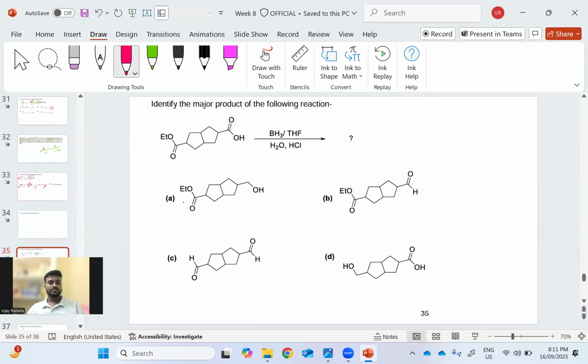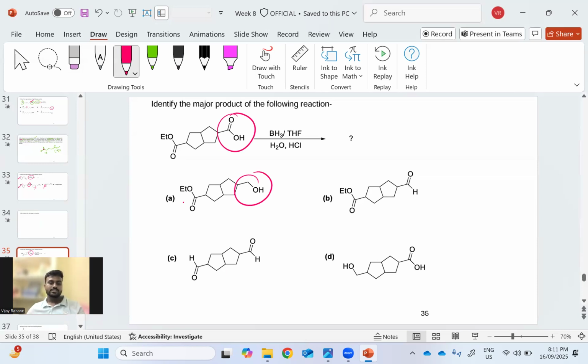The next question is based on BH3THF type of reduction followed by H2O, HCl workup. Here BH3THF particularly reacts only with the acid, not with the ester. So we get the reduction of the acid as a product, and it reduces the acid completely to the alcohol, not stopping in between at the aldehyde or ketone step.